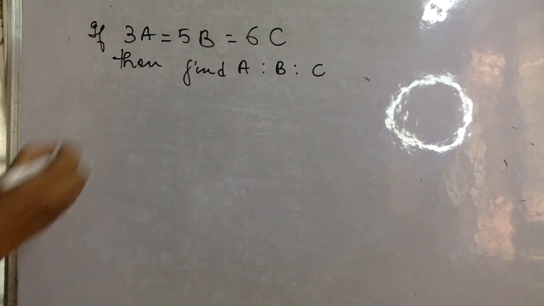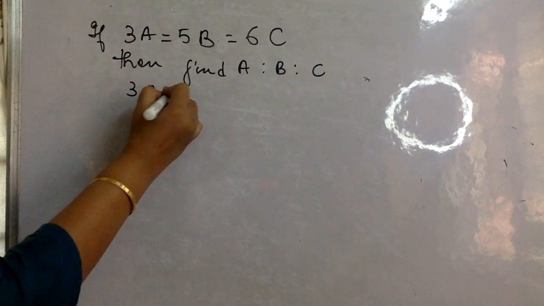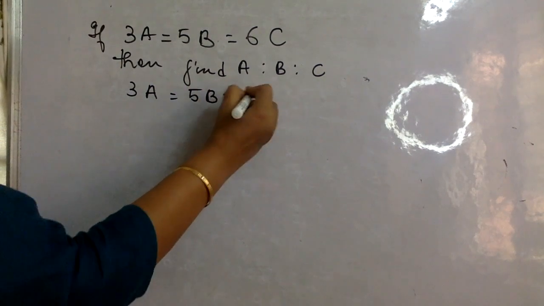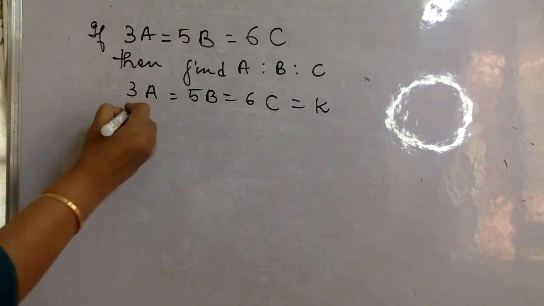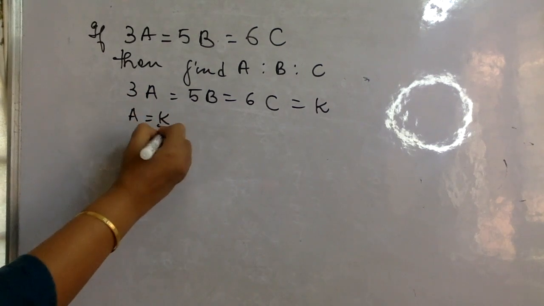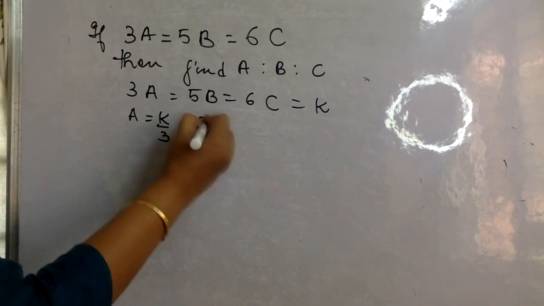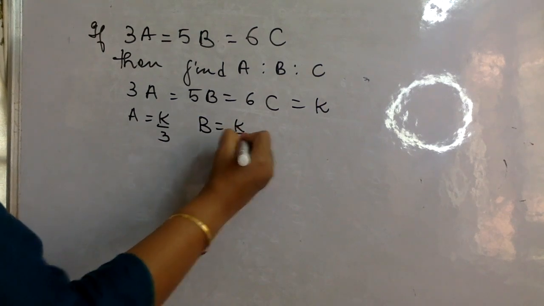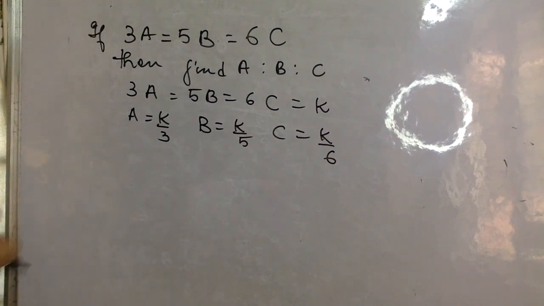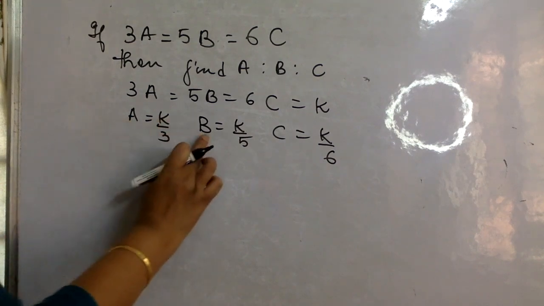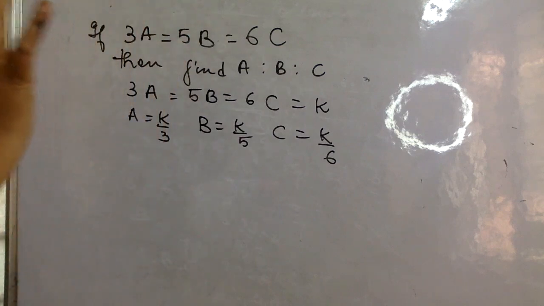What we will do is 3A is equal to 5B is equal to 6C is equal to K. So now A is equal to K by 3, B is equal to K by 5, and C is equal to K by 6, isn't it? So we have got A, B and C, everything in terms of K.